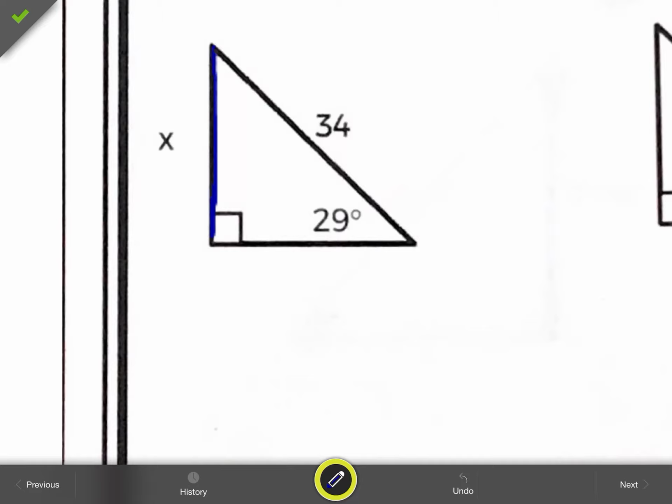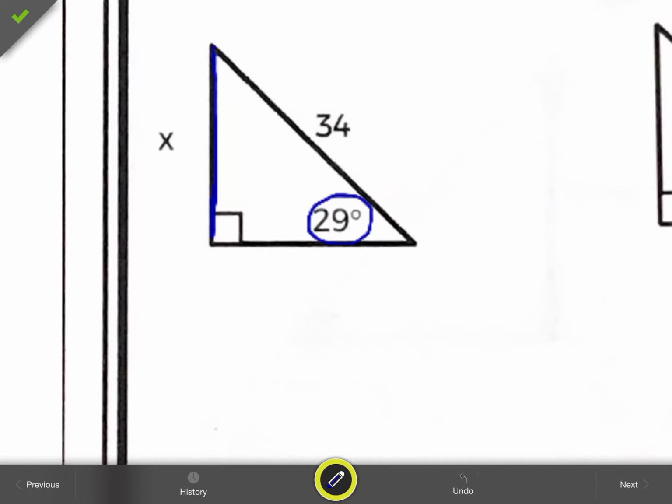Some of you might go, well, I can do Pythagorean theorem because it's a right triangle. The reason Pythagorean theorem does not work here is because this 29 is not a side. That is an angle. Pythagorean theorem just works with the sides of a right triangle, not an angle.